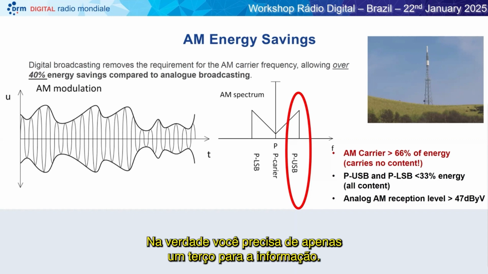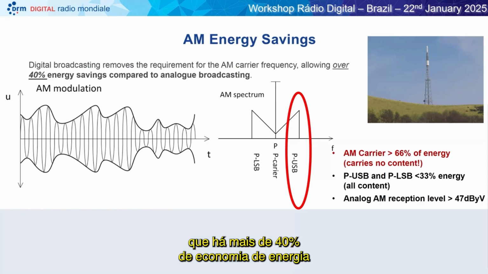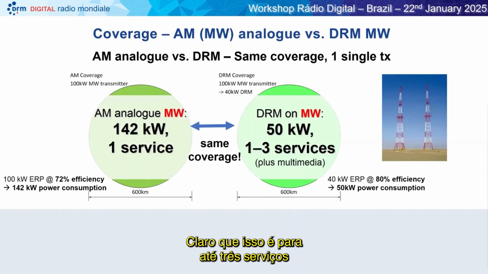So actually you need only a third for the information, and this is really reflected in the digital information. You can say that you have over 40% energy saving just by using DRM instead of analog AM. Of course, this is for up to 3 services, whilst on the analog program, of course, you have only 1 service.